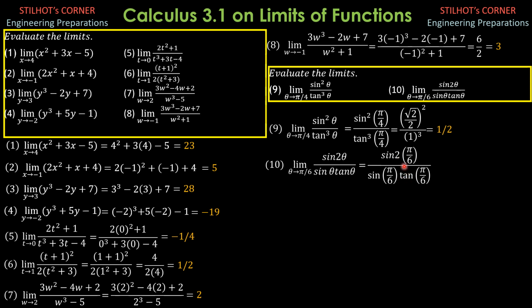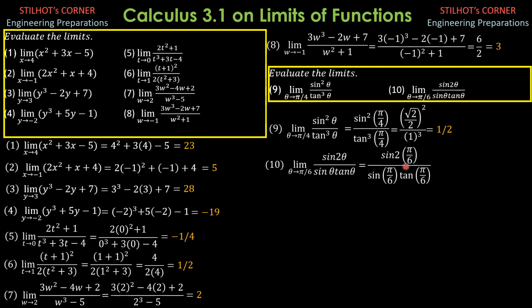Those are special angles. Even 15 degrees, if you are really good in trigonometry, we can still evaluate the exact values of sine 15 degrees, tangent 15 degrees, using the half angle formulas or using difference formulas.